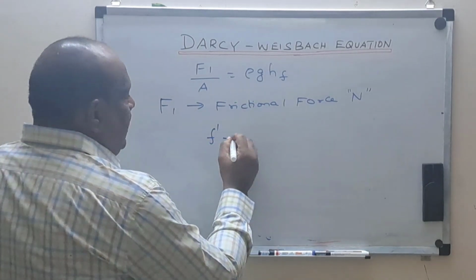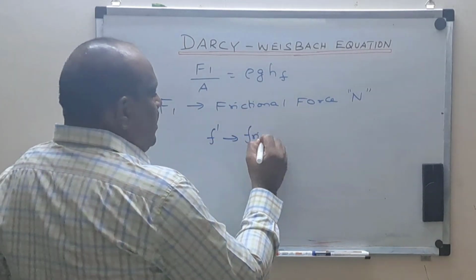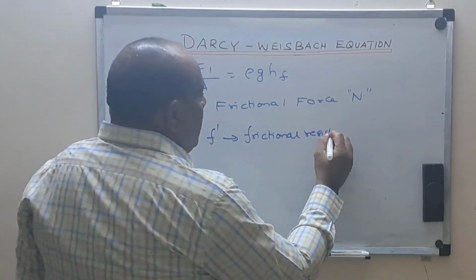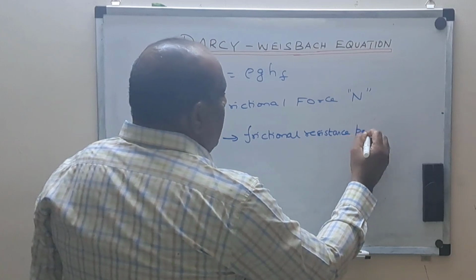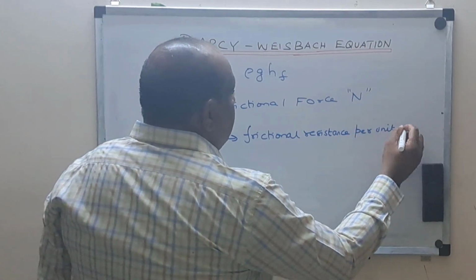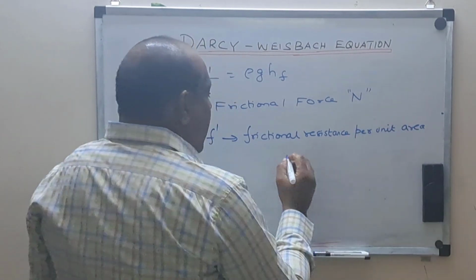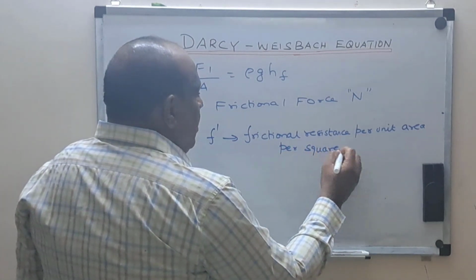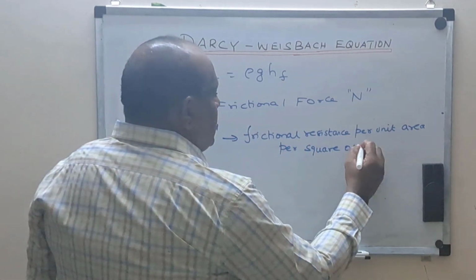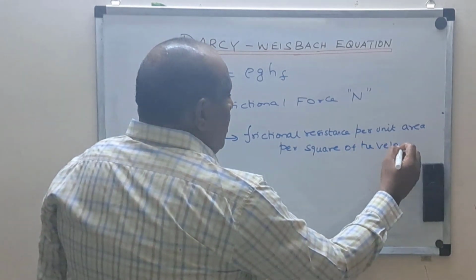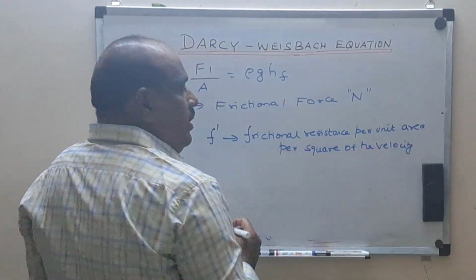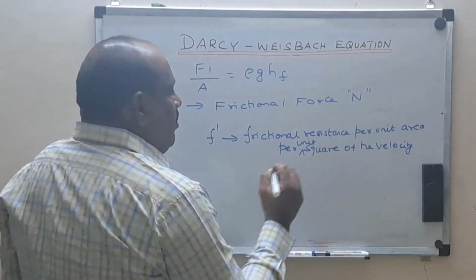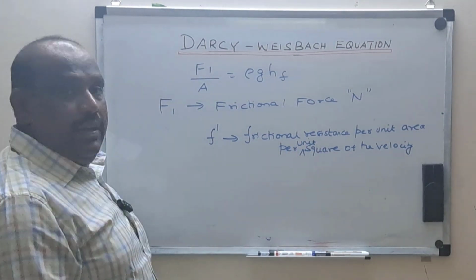F dash is nothing but the frictional resistance per unit area per unit square of the velocity. I will repeat once again.